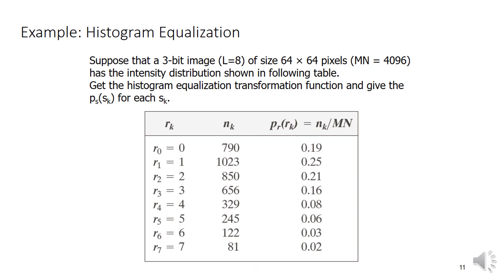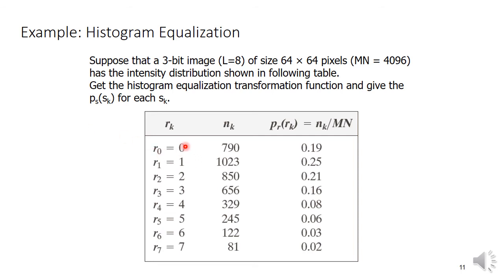So here you can see that the total intensity levels are 8. If the total intensity levels are 8, and the intensity starts from 0, then the intensity could be 0, 1, 2, 3, 4, 5, 6 and 7.